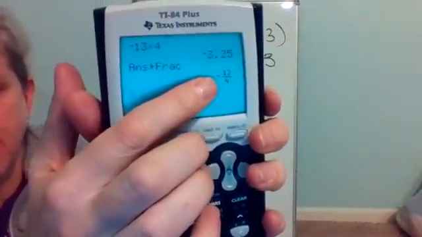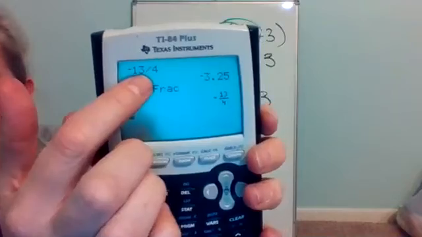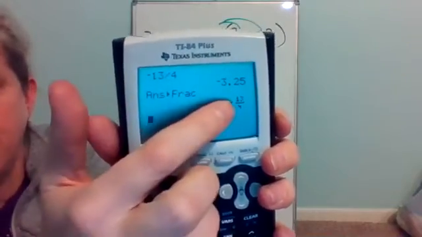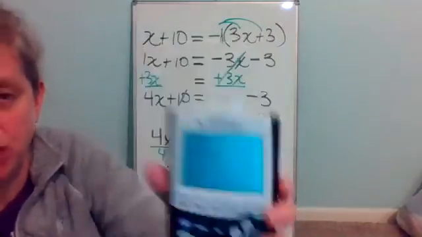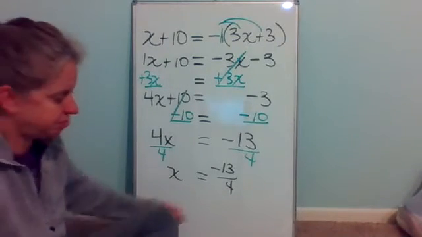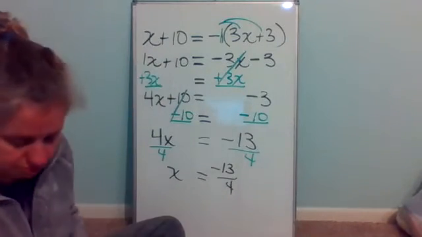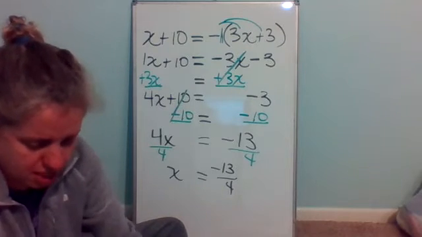It still tells me -13 over 4, which means that was in simplest form. If it wasn't, it would have reduced it right there to its simplest form. Okay? All right, moving on to number 13.